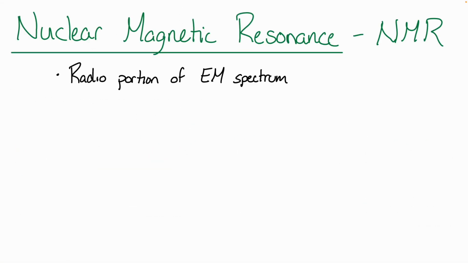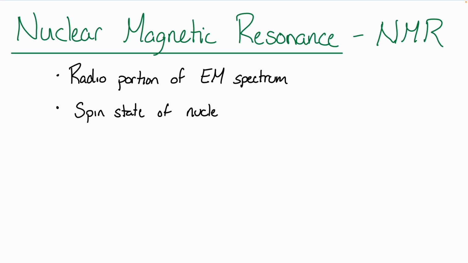It turns out that at this portion of the spectrum, these photons are interacting with the nuclei of a molecule. Right? Nuclear magnetic resonance, okay? Specifically what they're doing is interacting with the spin state of a nuclei.